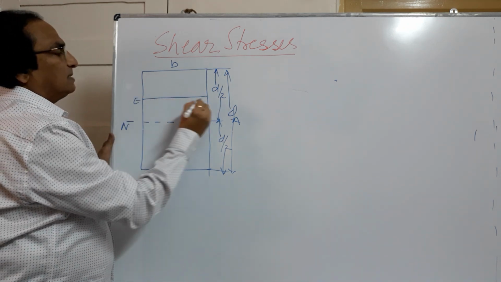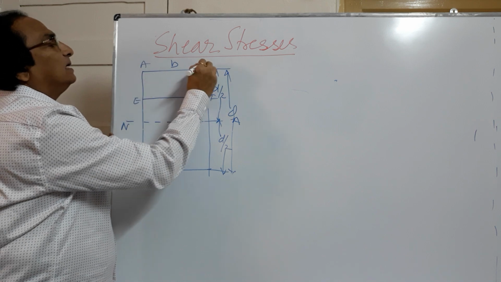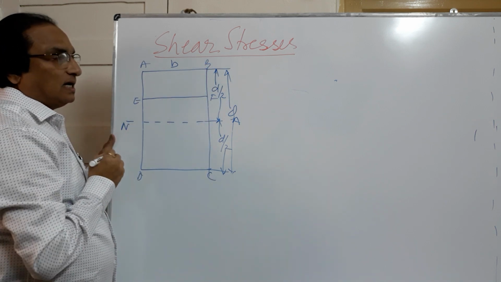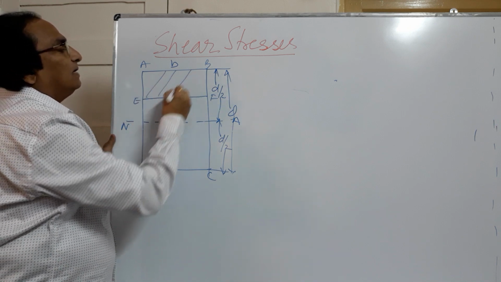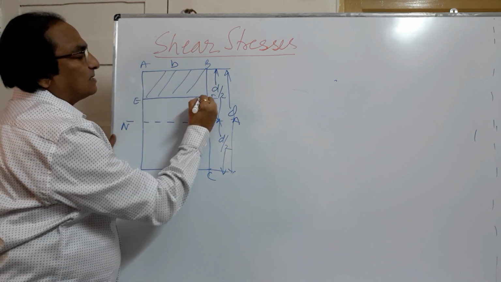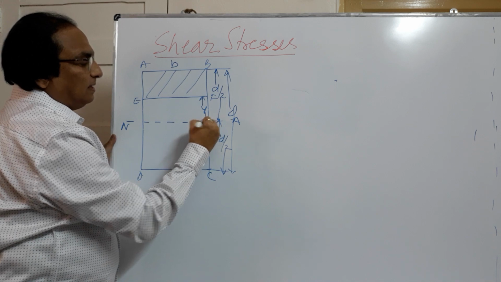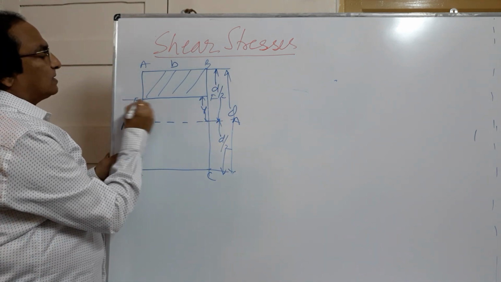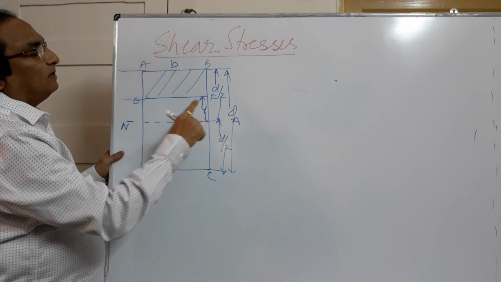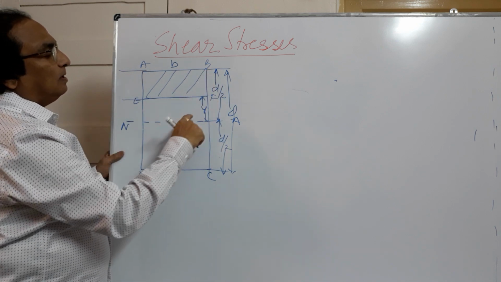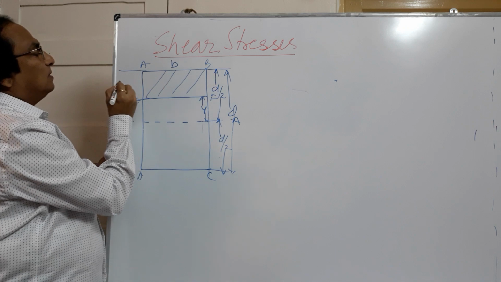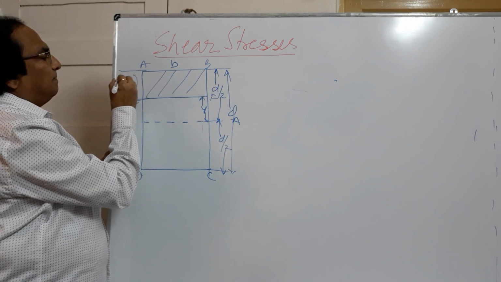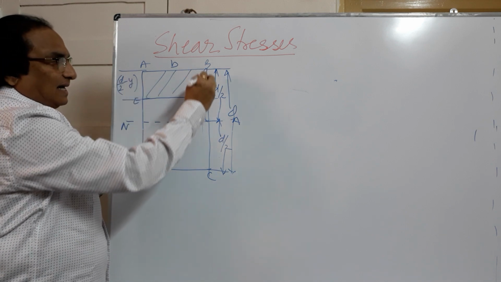I'll consider a level here. Suppose I call this EF, and ABCD is the beam's cross section. If I consider the level EF at a distance of y from the neutral axis, then this distance will be D by 2 minus y. This is a rectangle.